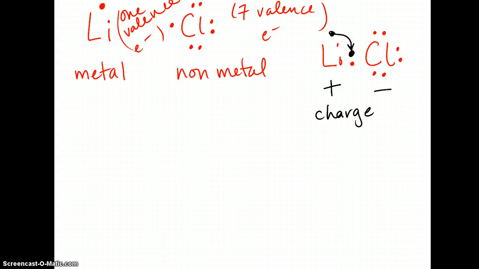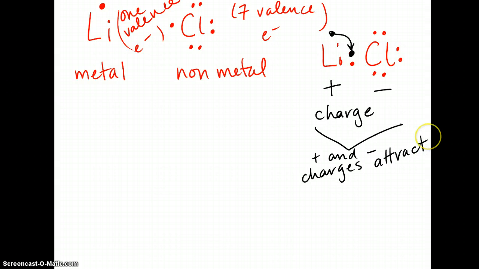And these two are attracted to each other because of charges, because we know positive and negative charges attract.